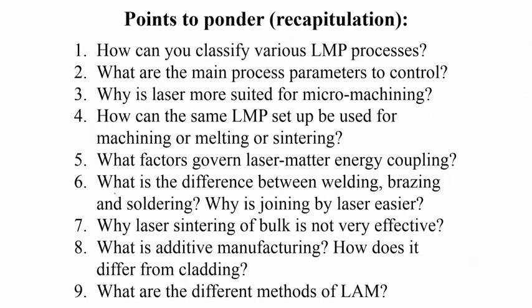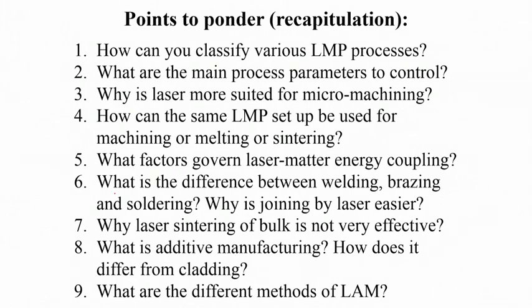Additive manufacturing is a very, very exciting process, and cladding can be a precursor, but essentially additive manufacturing opens up completely new possibilities of producing finished components of very, very complex shape, size, contour, and geometry, only starting from powder and building layer by layer.